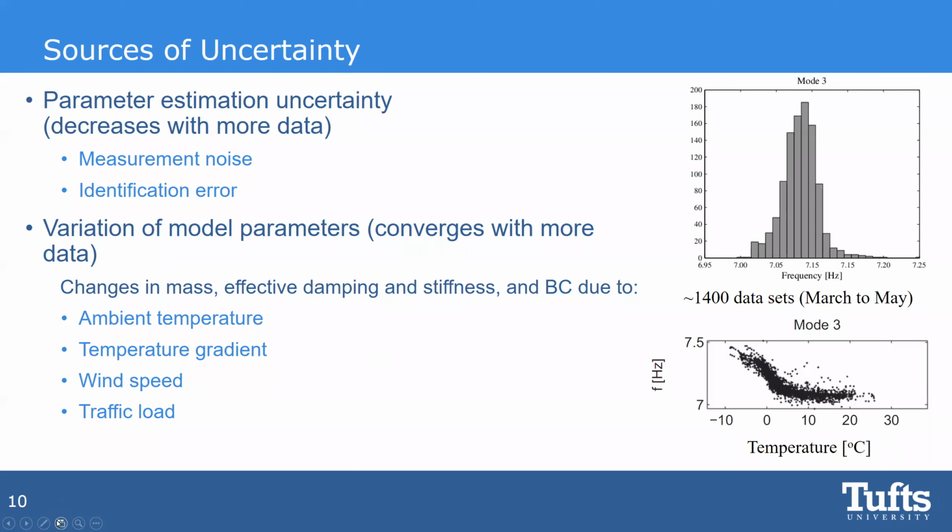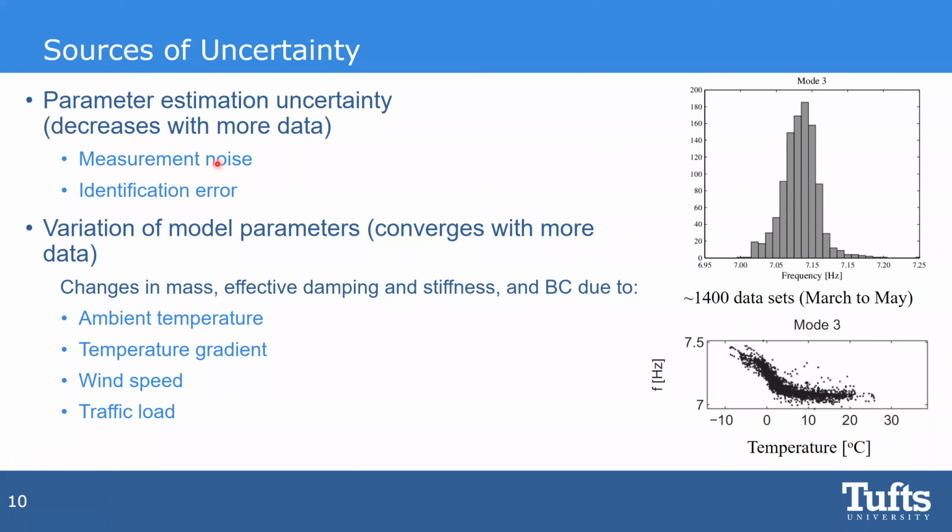Why? Because of the sources of uncertainty that we saw in the structural system. For example, this is the data from a footbridge on campus at Tufts. I have years of data on that, a decade of data.